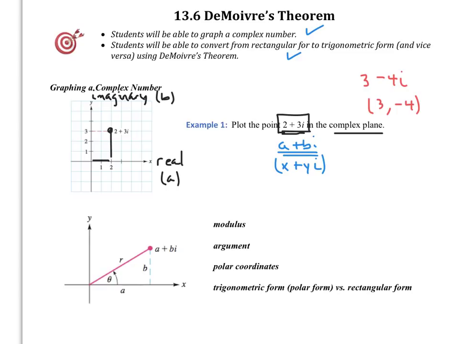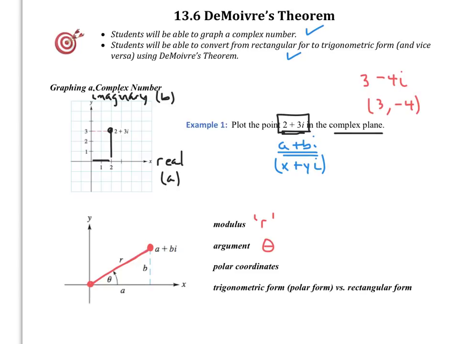All right, so when we talk about the modulus, it is the r value, and that is simply your distance from the origin out to the point on the graph. So think about it like a radius. Your argument is your angle at which that is occurring, and in our case, that would be your theta.